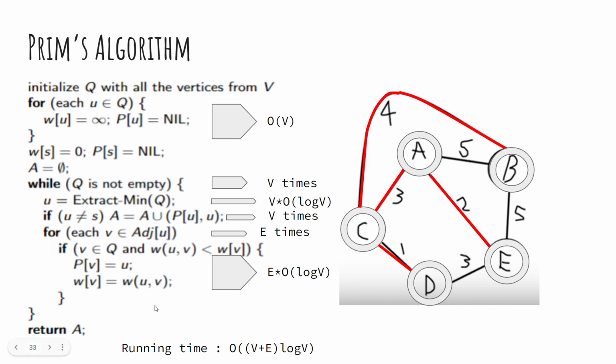And so we basically get that the update operation could go up to E times, and that's how we get the running time to be V plus E times log V, where V log V comes from here and then the E log V comes from this operation right here.